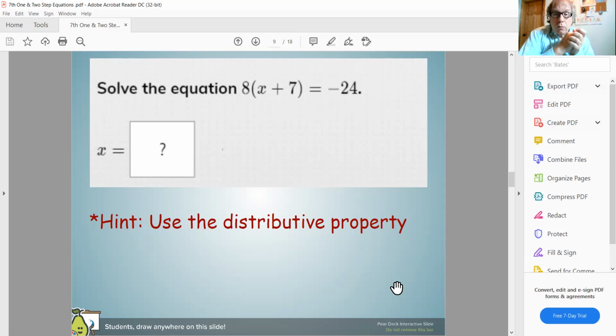So I would use a distributive property to combine or simplify the 8x plus 7 or 8x plus 56 will be your end result. And then you can move forward to solve the problem. So go ahead, let's see what you all come up with on that. Great job there, students.